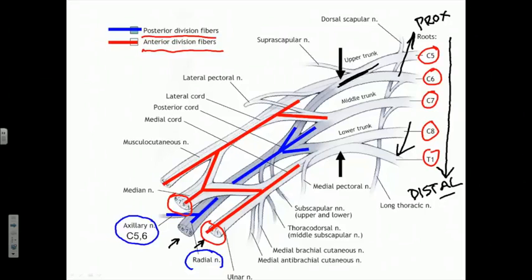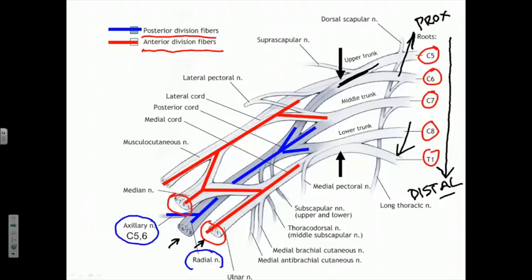The median nerve in the middle of the M is C6 through T1, meaning that it probably doesn't innervate any shoulder muscles, but because it has T1, it definitely will innervate some intrinsic hand muscles that arise and insert in the hand.